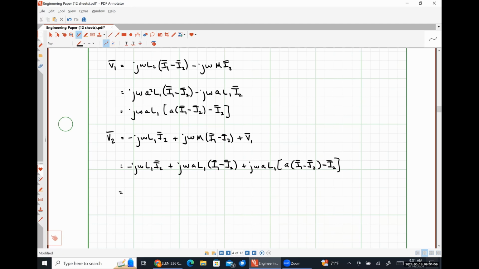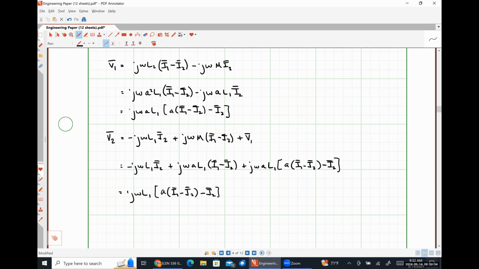So we've got a bunch of I2 terms. So we've got a factor of J omega L1 times A times I1 minus I2 minus I2.